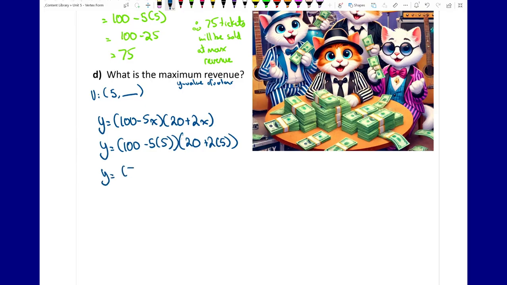Y is equal to 75 times 30, or y is equal to 2,250. So therefore, the max revenue is $2,250 when we're selling the tickets for $30 a piece to 75 people.